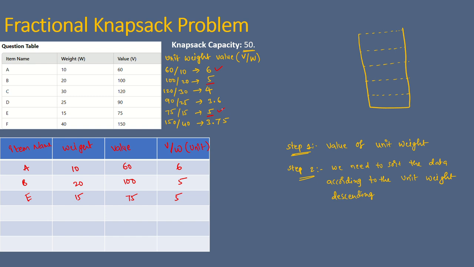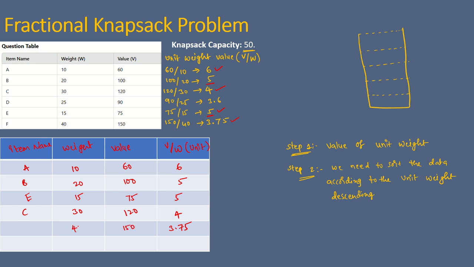This one is also completed. Next, what is the best? 4, which contains 120 units of value, and 30 units of weight, and item is C. 4 is also completed. Next, 3.75, whose total value is 150.